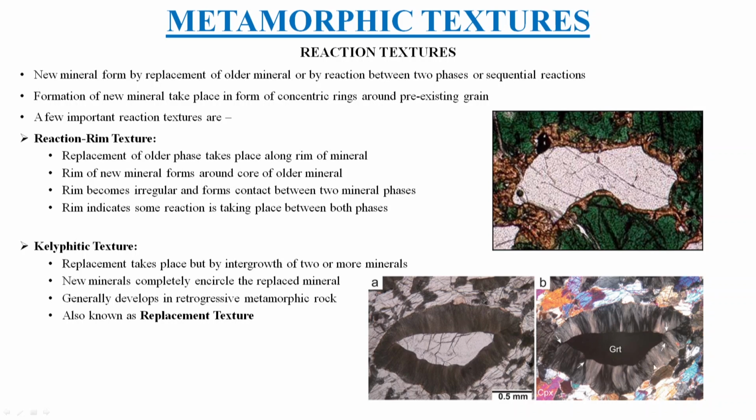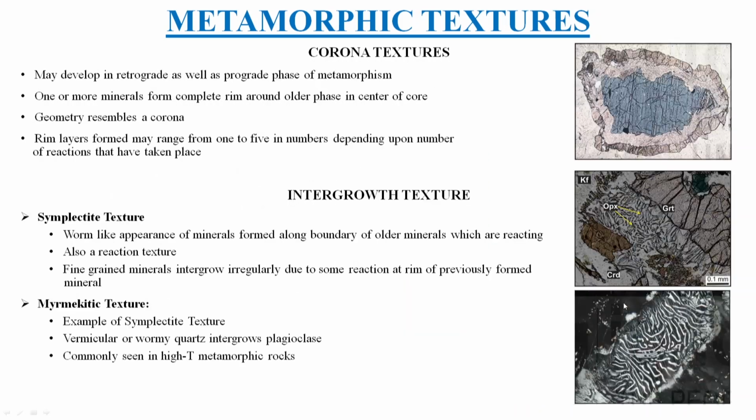In this replacement texture, in between you have some other minerals like chlorite, which is retaining the shape of the garnet, but has now transformed into a new metamorphic mineral which was not present earlier in the protolith. So, definitely it is a replacement. It is a newly formed metamorphic mineral which was not a characteristic of the original igneous protolith.